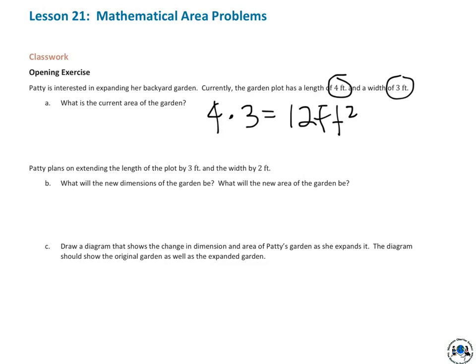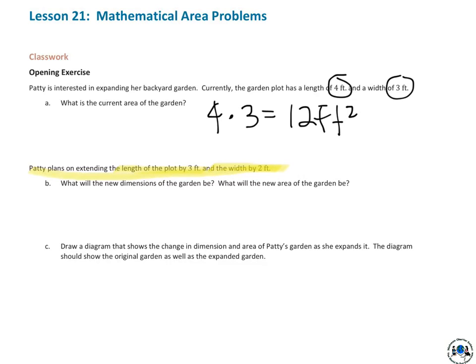All right, but we're now going to work on adding pieces. We're going to extend or expand this garden plot. Patty plans on extending the length of the plot by 3 feet and the width by 2 feet. So, an extra 3 feet in length, an extra 2 feet in width.